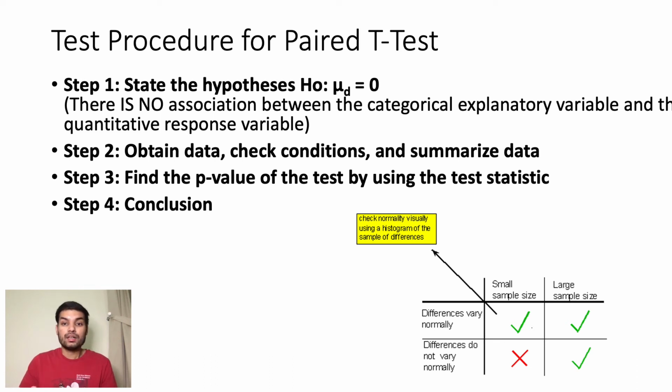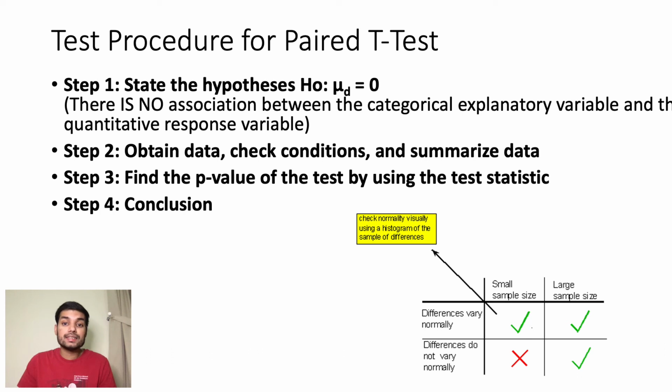So, I call the paired t-test a special case of the one sample t-test. It can be safely used as long as, we have to listen carefully, the sample of differences is random, or at least random in context. The distribution of the differences in the population should be approximately normal if we use a small sample.